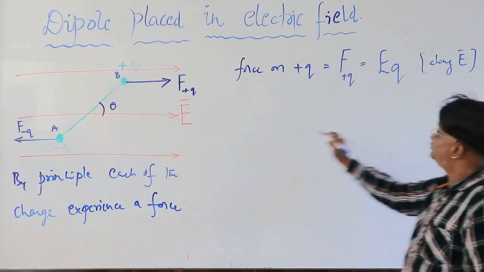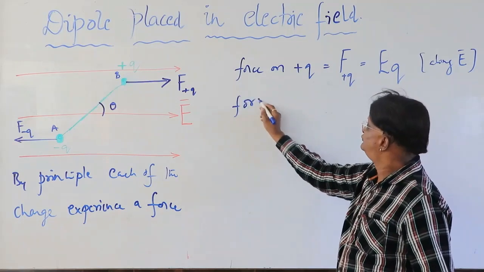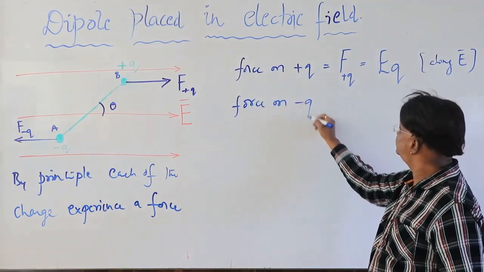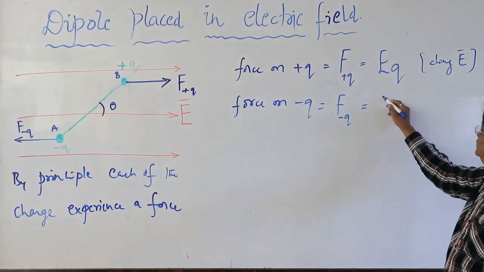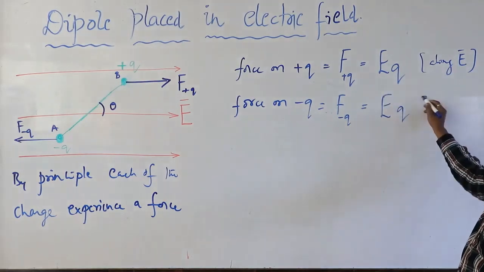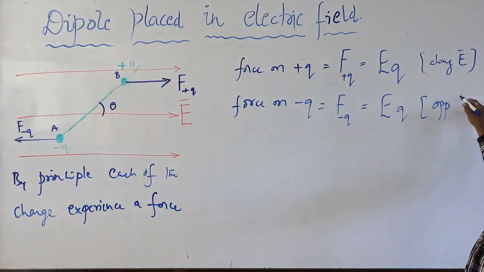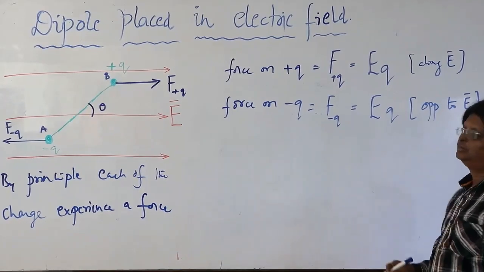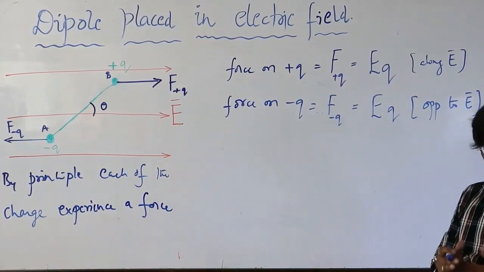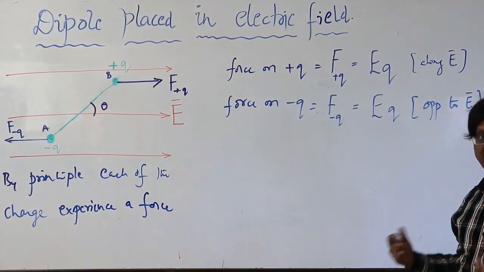Force on positive charge, and now comes the force on minus Q. F on minus Q is again EQ, but this time opposite to E bar. So now we see that these are the two forces acting along different lines of action.